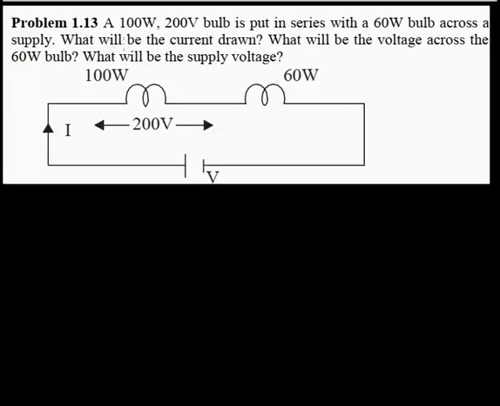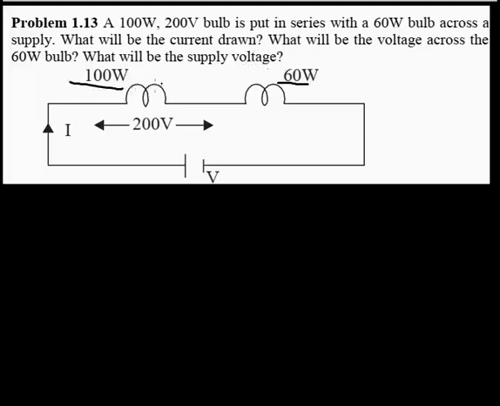A 100 watt 200 volt bulb is put in series with a 60 watt bulb. Okay, so this is 100 watts, 60 watt, they are in series. And from what I see here, the voltage across the 100 watt is 200 volt. So the question is, what are we even looking for? What will be the current drawn?